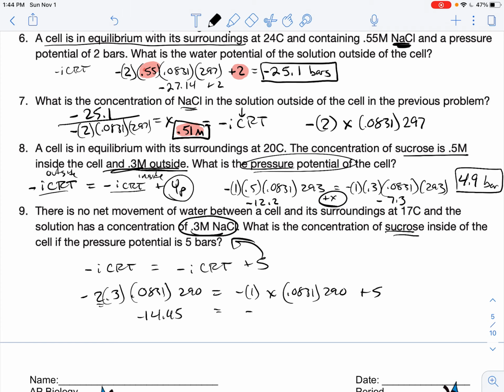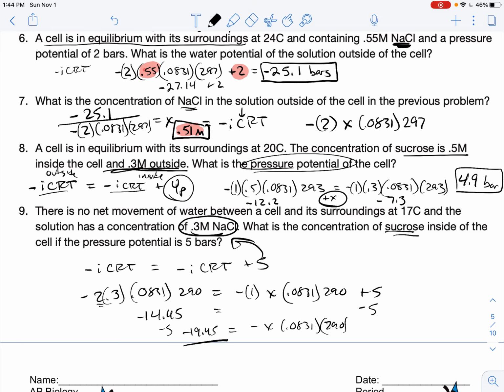Equals on this side, I believe negative. Well, I've got to do this just to be sure. Oh, because we need to move some stuff around. Right. So what we want to do is subtract 5 from this side. So then we're going to subtract 5 from this side. And we're going to get negative 19.45 equals negative x times 0.0831 times 290.